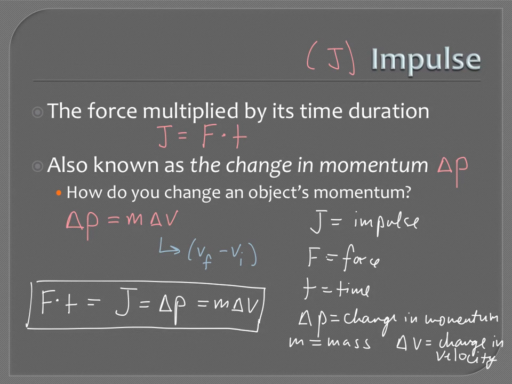Okay, and the unit, oh I forgot that, the unit for impulse is newtons times seconds, or kilograms meters per second, which is the same as for the change in momentum.